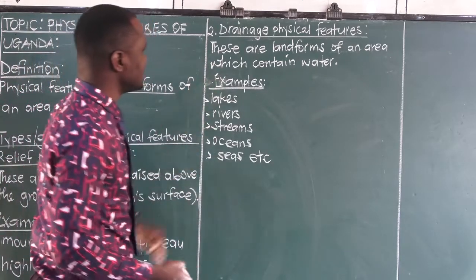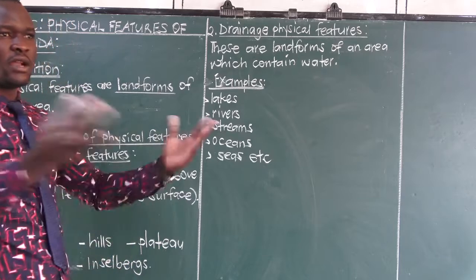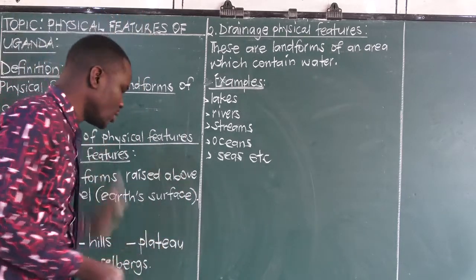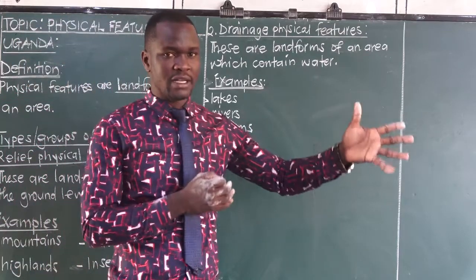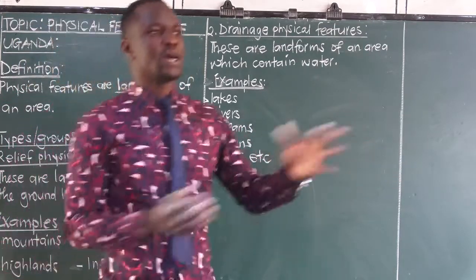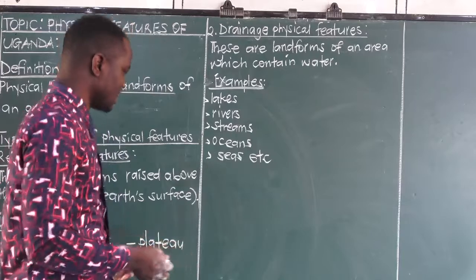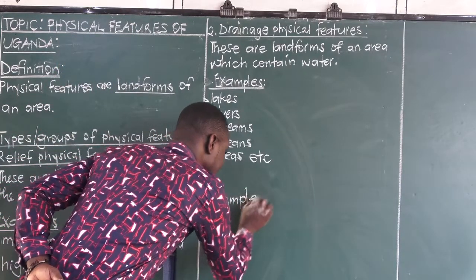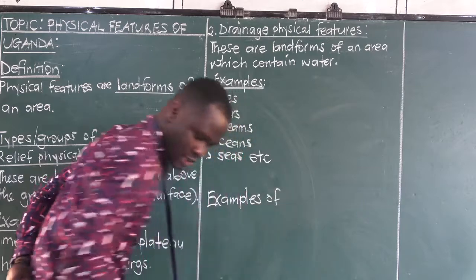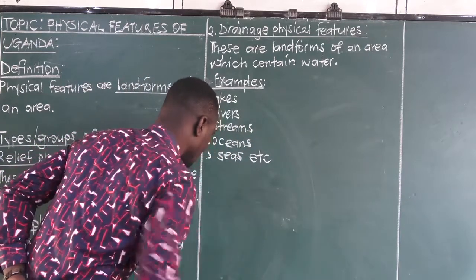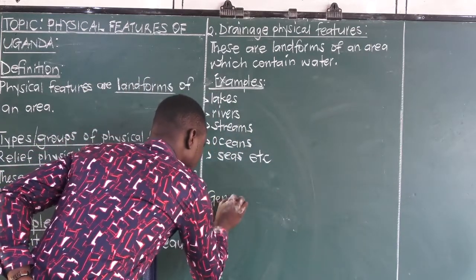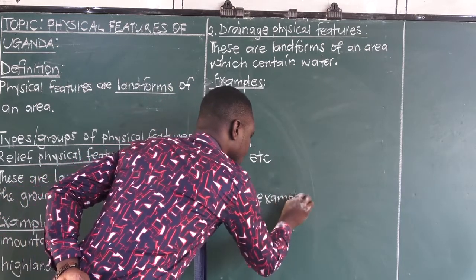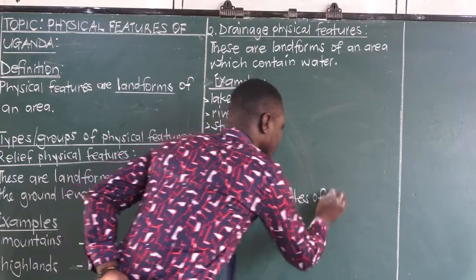Now, having looked at this, let's now have the general examples of physical features. Of course, now for the general examples, we are going to include both the other ones which are relief features, and we add these ones which are drainage features. So let's have a subheading to summarize: general examples of physical features.